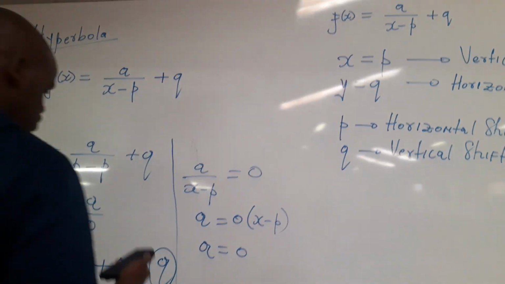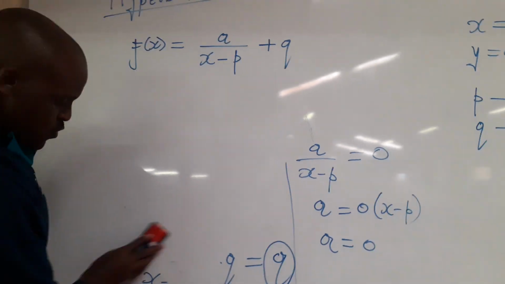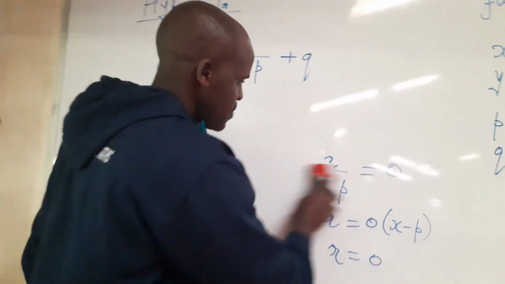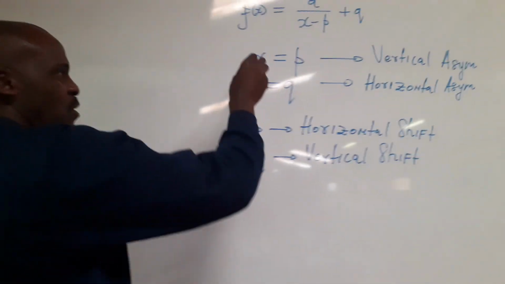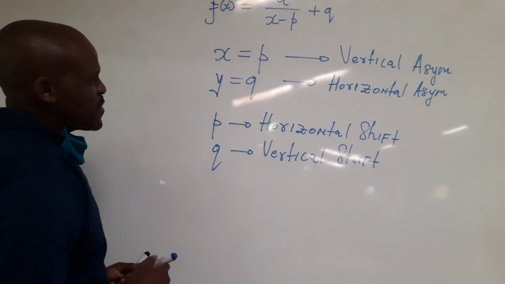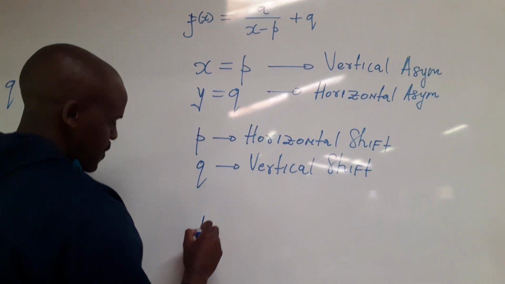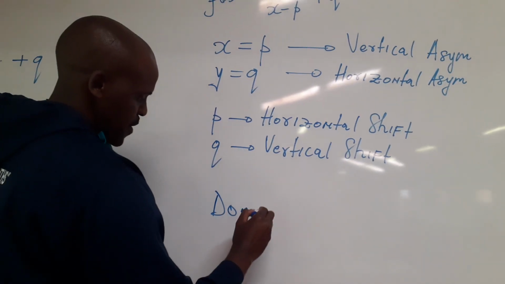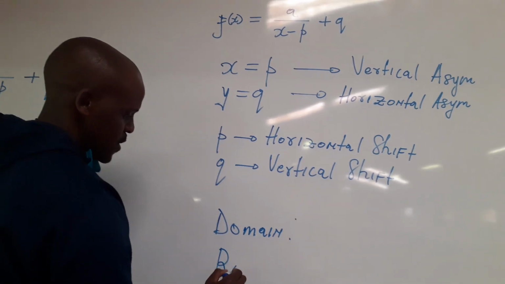Right, let's try to make an example of this. Let's say you were to write the domain and the range for that. This is our asymptote. It's where our graph won't exist. Which means for our graph to exist, we need to have a domain and a range, so we are going to write a restriction for it to exist.